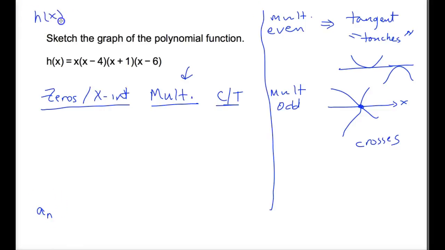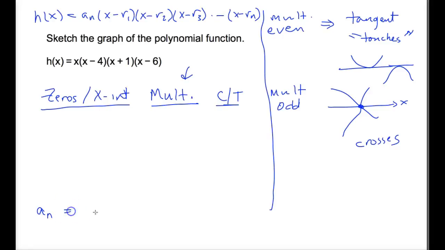I'm saying that because we could rewrite our polynomial in this form, where a sub n is just the coefficient that is outside, or the greatest common factor between all these. And we see that our corresponding factors are x minus the first zero, which is R1, the second R2, R3, and so on and so forth.